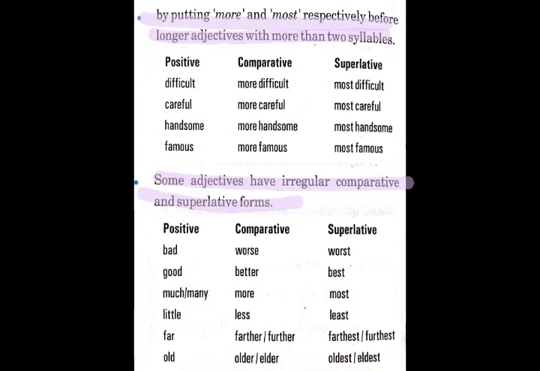Means we do not have a generalized rule to form the comparative and superlative form of those adjectives. For example, bad, worse, worst, good, better, best. So these types of comparative and superlative forms you will have to read and learn, because they are a bit different and they have irregular forms.